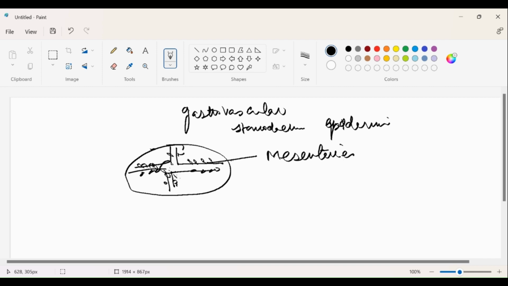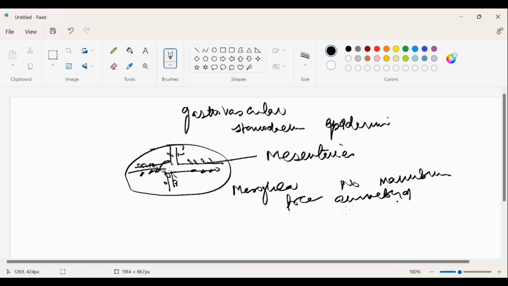As such, no manubrium is there. Mesoglea, of course, has free amoeboid cells, and it also has elastic fibers as in Scyphozoa, and it is much thicker.